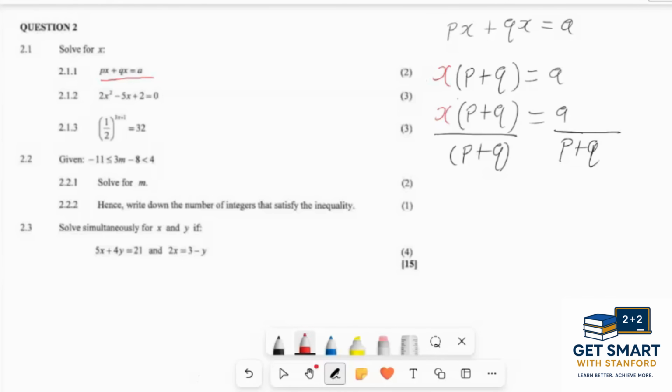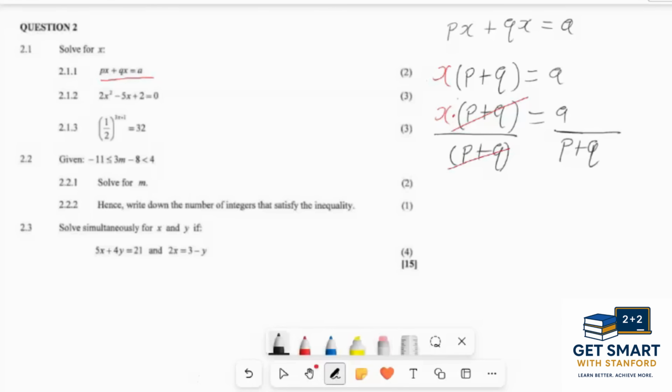So on the left hand side, we'll see that we've got something that is the same on the denominator and the numerator, that is p plus q. And because we are dividing, we are free to cancel these.